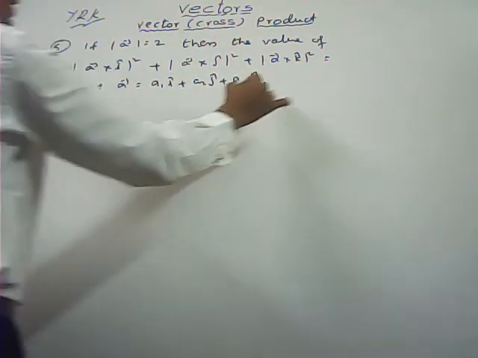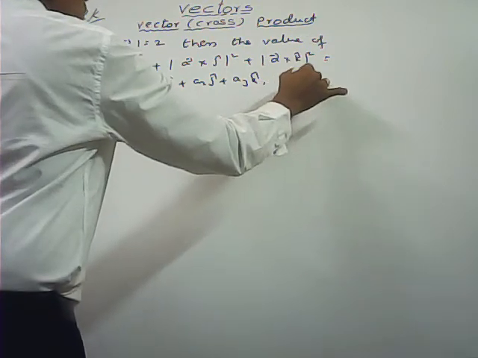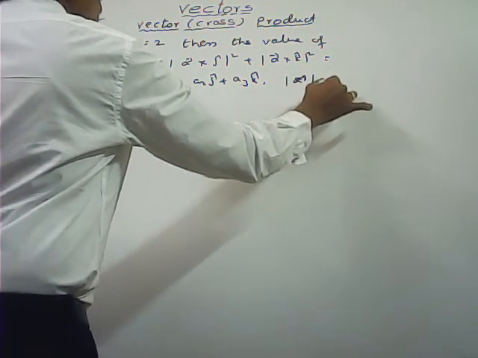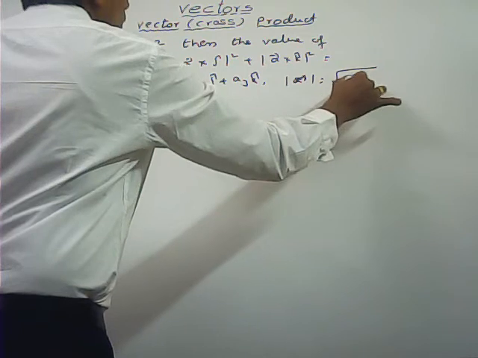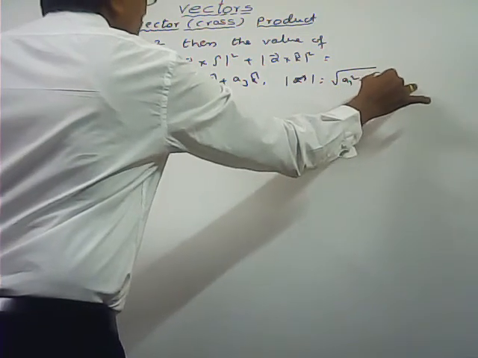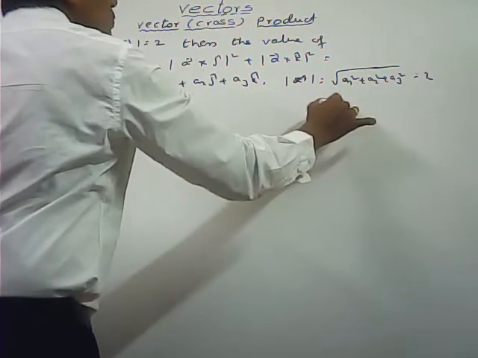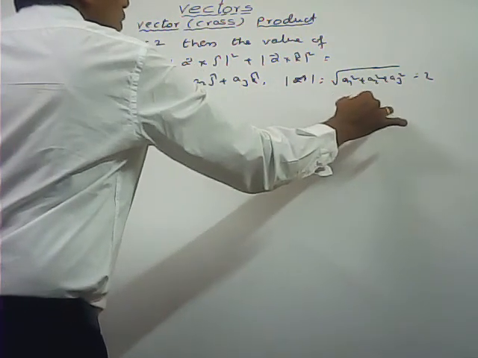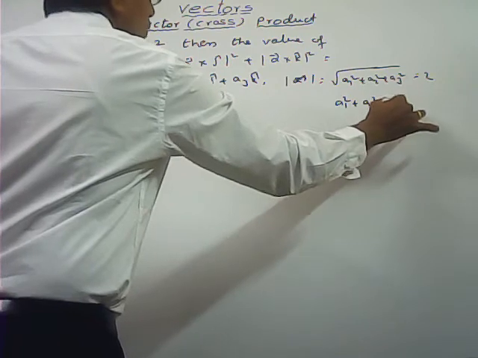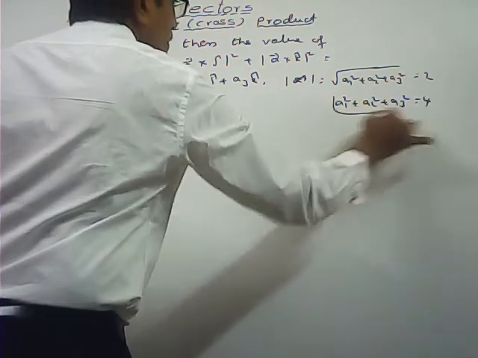Modulus of a bar is root of a1 square plus a2 square plus a3 square, which equals 2. By squaring on both sides, a1 square plus a2 square plus a3 square equals 4. Keep this aside.